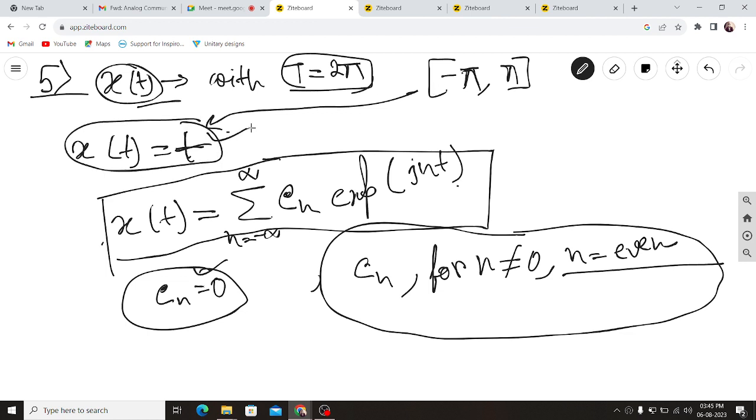So basically there is no DC value. So Cn equal to 0 for n equal to 0. The question is, what will be the value of Cn when n is not equal to 0 and n is even?